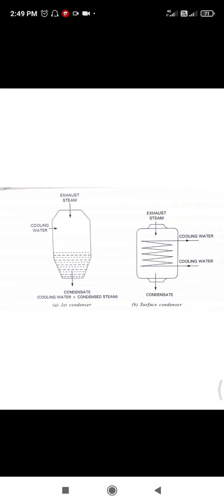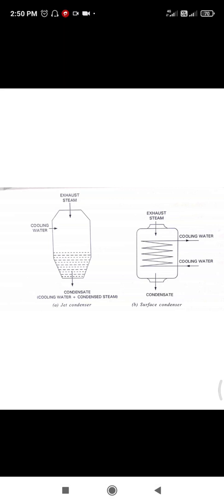Once again, jet condensers are used in small units where clean fresh water is available in plenty. In jet condensers water is in direct contact with exhaust steam. They are also referred to as direct contact type or mixed type condensers.